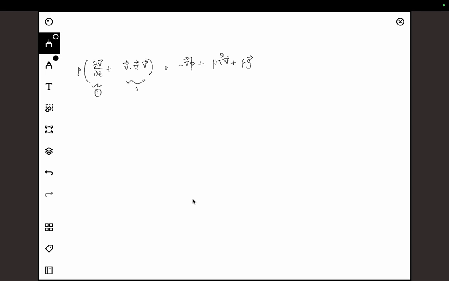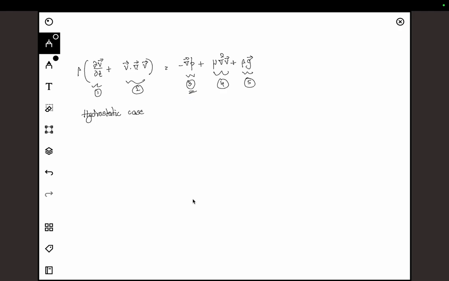Let's give some numbers so you can put in the chat box if you want. Let's assume that these equations are valid. Now I want to see which of these terms will be zero when you have a hydrostatic case. So you're saying 3 will be zero.